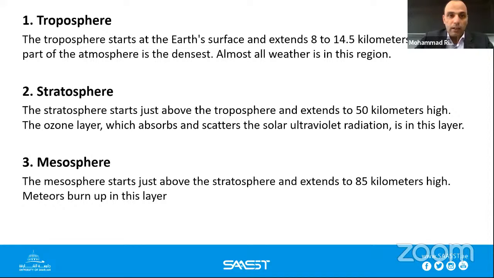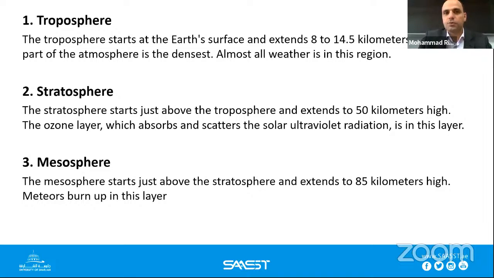The troposphere starts, as I mentioned, from the Earth's surface and extends to 8 to 14 kilometers. It depends on your latitude. In the tropical area, it extends on average to 14 kilometers height, but in the polar areas it is only from 7 to 9, on average 8 kilometers thick.